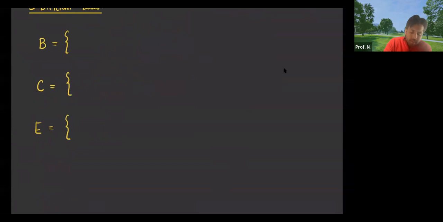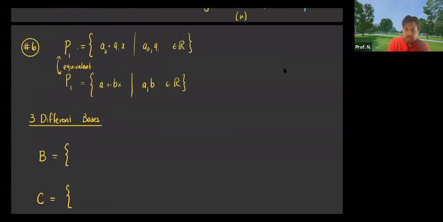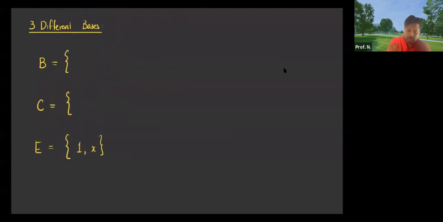If that's the case, then what's the standard basis? It's going to be 1 and x. That's the standard basis. So every polynomial in this space can be written as a linear combination of 1 and x. That's the simplest kind. But then they give us a few more.